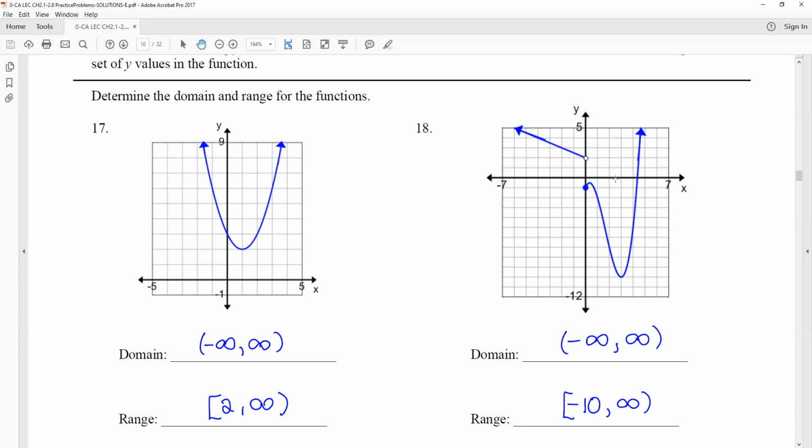We continue upward, although there's a gap right here. The gap right here is filled by the y values over on the other right-hand side. So our range is inclusive -10 to infinity.